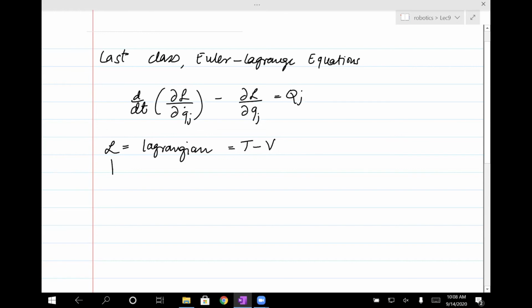So let me write this down. May be too complex to be amenable for hand derivation.